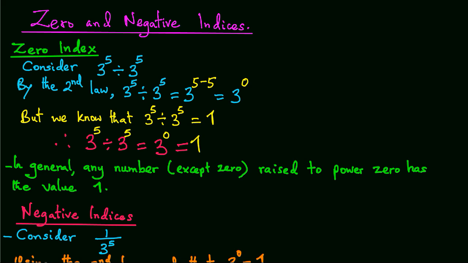So by the second law, we can have 3 raised to power 5 divided by 3 raised to power 5 equals 3 raised to power 5 minus 5, which will give us 3 raised to power 0.